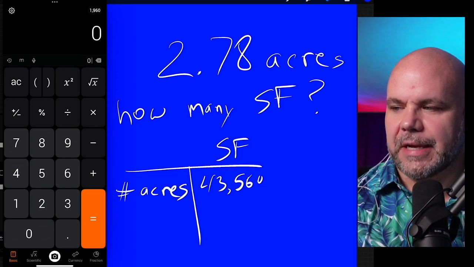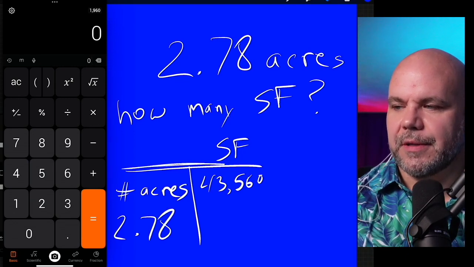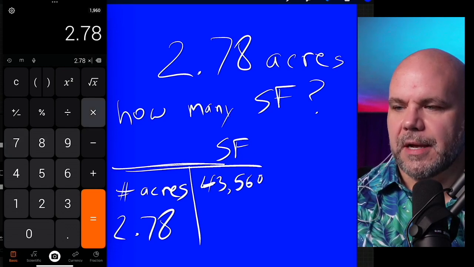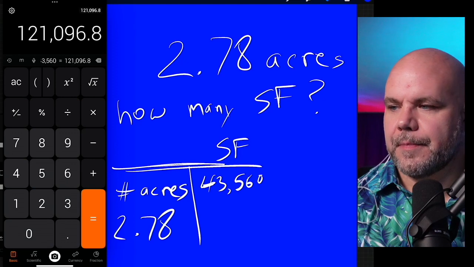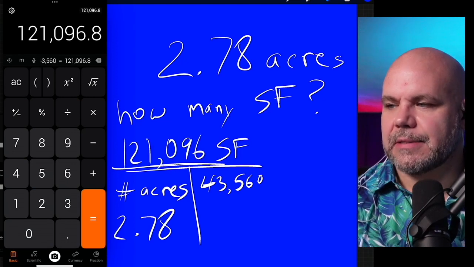Now we're just plugging into different spots on this formula. So we're plugging in this 2.78 instead of the thing up here. So now we're just going to multiply these two things. 2.78 times 43,560 is 121,096 square feet.